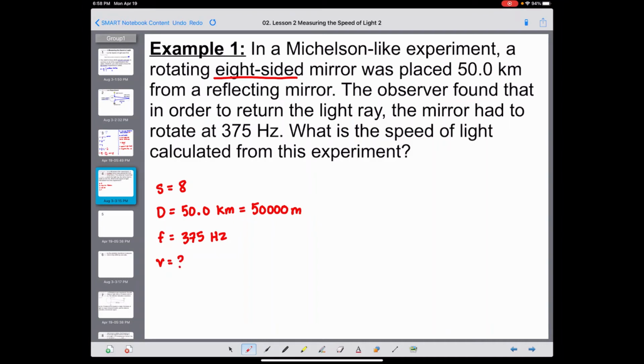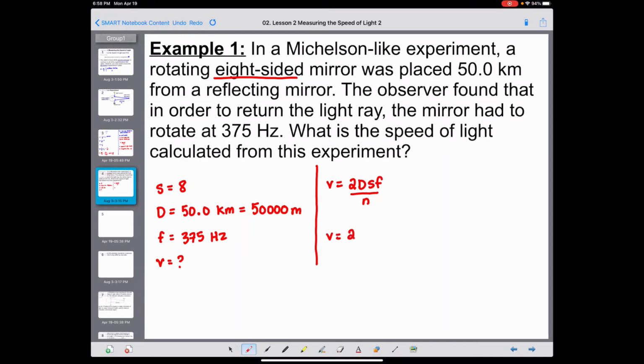Either way is good. And so what we're going to do is take our equation that we came up with on the last slide, which by the way is not on the formula sheet. You have to know how to derive it or memorize it. And we will plug our numbers in here.